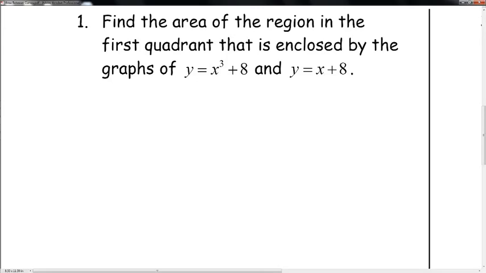Alright, number 1, find the area of the region in the first quadrant that is enclosed by the graphs of y equals x to the third plus 8 and y equals x plus 8. So let me sketch a graph here. We're talking about the first quadrant.